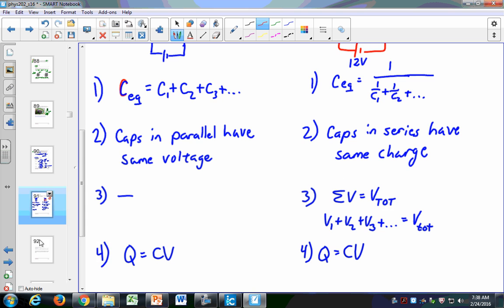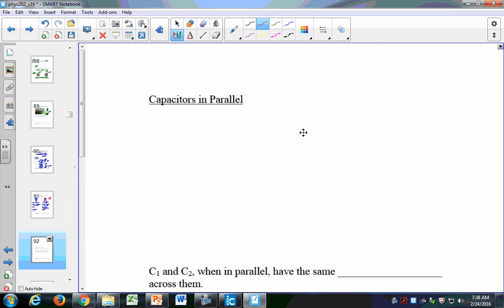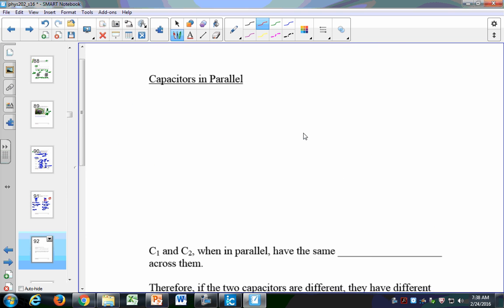All right, let's look first at capacitors in parallel. And again, sort of recapping those rules, so you'll see the same things over again. When I have capacitors in parallel, they're going to look like this. I'll have a certain voltage supply. This will be my battery. And then I can have 2 or more capacitors that are in parallel. Notice that I don't have any capacitors in series.